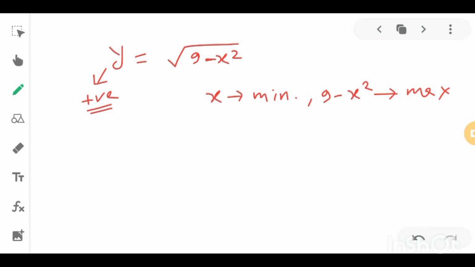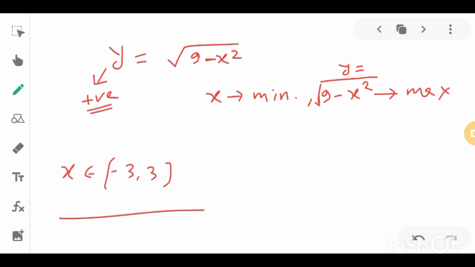Then the square root of 9 minus x square will be maximum, and then y will be maximum, correct? So what is the minimum value of x? X range is minus 3 to 3. I will write here, x range is minus 3 to 3.